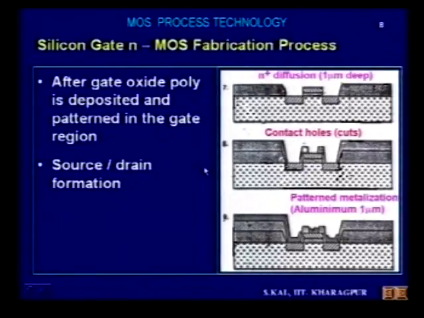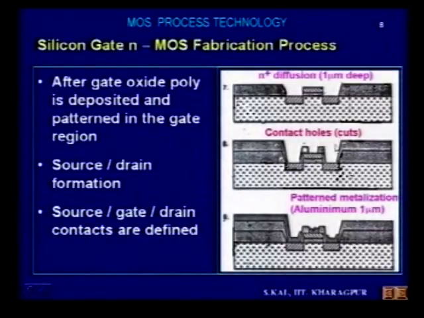After forming source drain, you again deposit oxide, and contact patterns are formed by photomasking techniques. Contact holes are cut here in the gate, here in the drain, and here is the source. Source, gate, drain contacts are defined here, and then metallization follows, and you will get the gate electrode here, source is here, and drain is here.